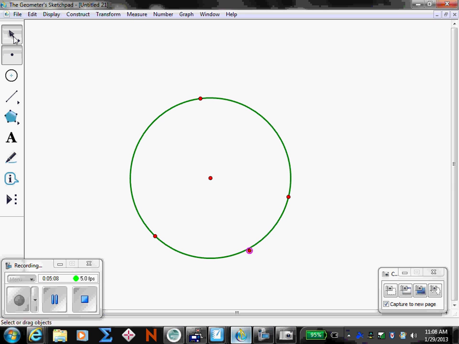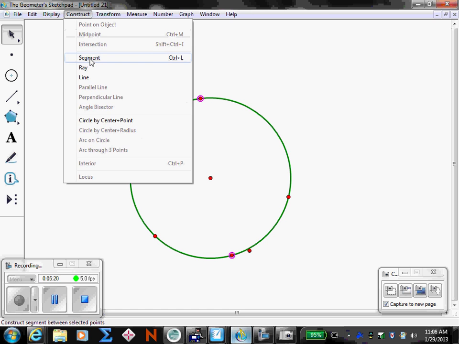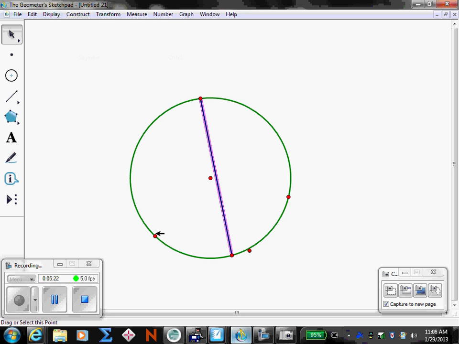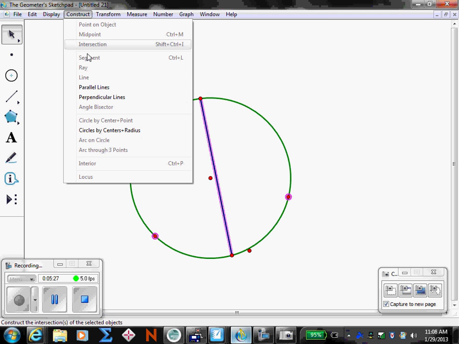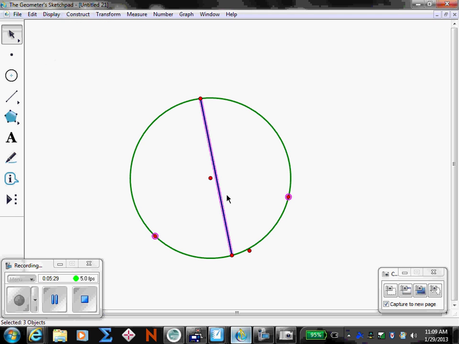And then I'm just going to construct, I think I missed the circle there. I am going to construct a couple of chords. So highlight your segments, or highlight the points and construct segments, so that you have two intersecting chords. Okay, so we know the vertical angles are congruent.